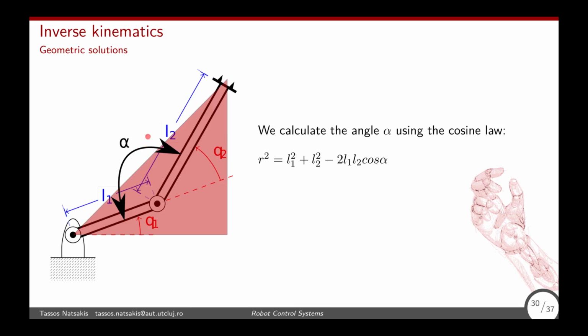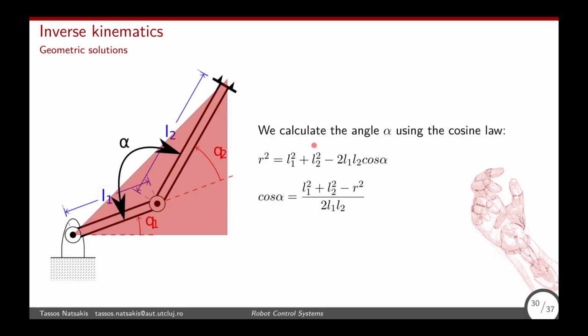So we know that this length r, or r squared, will be L1 squared plus L2 squared minus 2 L1 L2 cosine of this angle. This is for any triangle, basically. The lengths that form the angle, and the angle itself, can be used to calculate the opposite length.